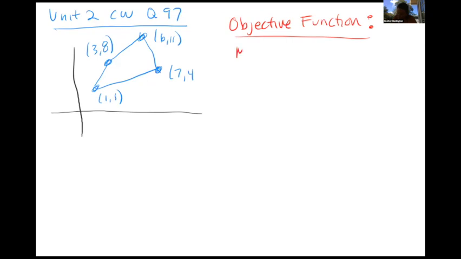So we want to find the max of k, so it could be a profit function, equals 3x plus y. So it has to be at one of these 4 vertices.